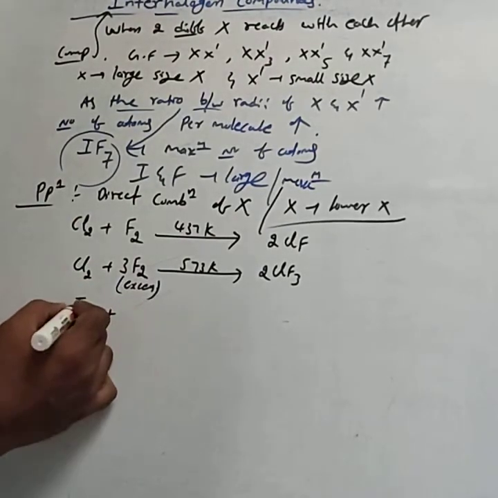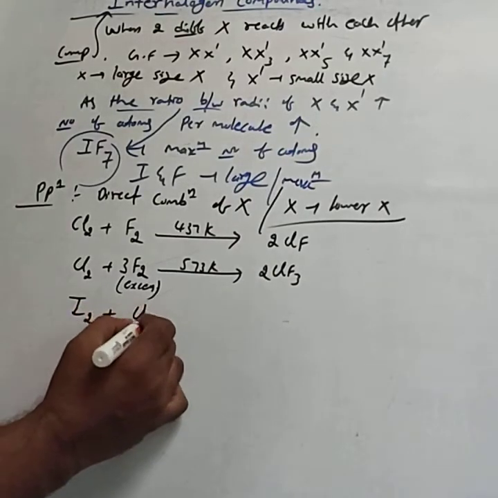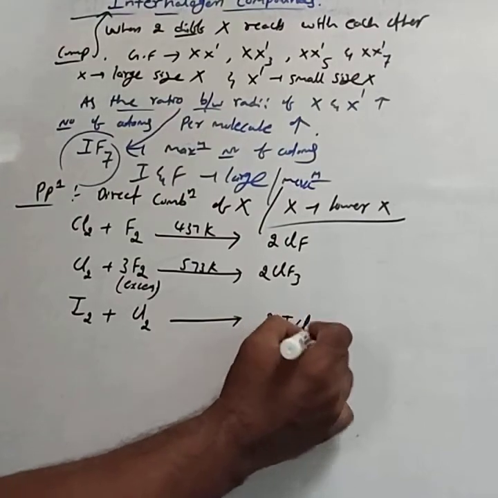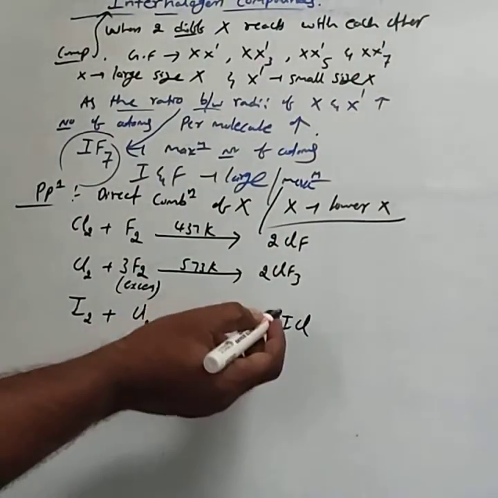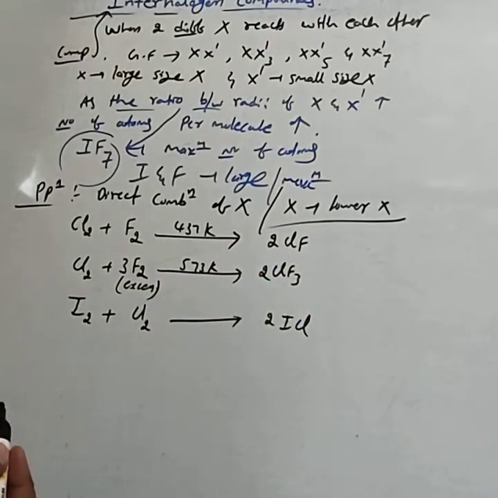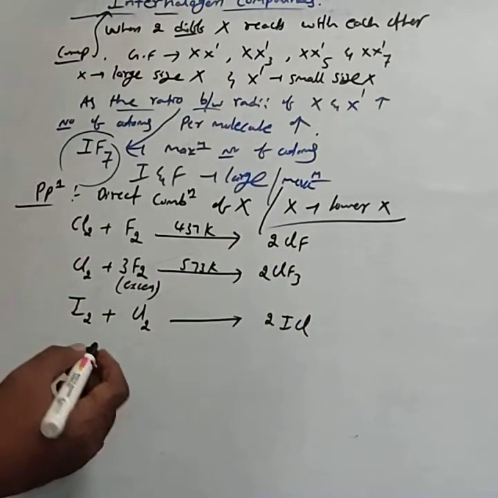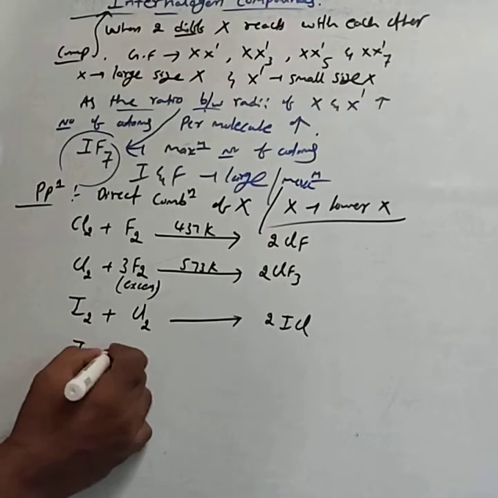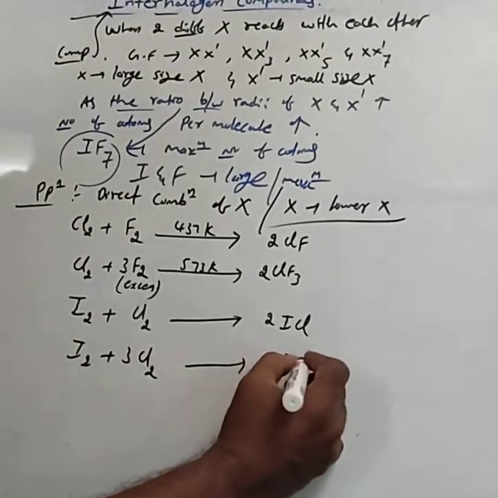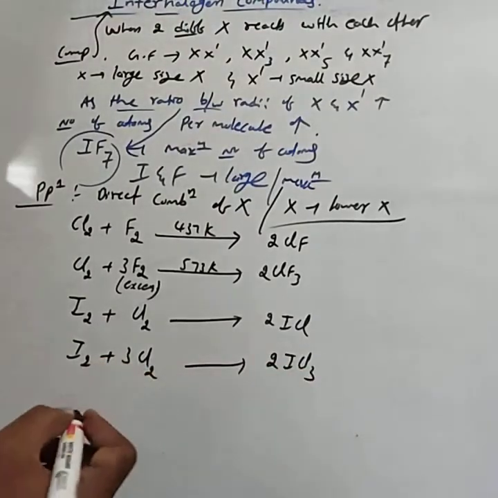I2 is the larger halogen. If it combines with a smaller halogen, I2 plus Cl2, then you get 2ICl. Always write the larger halogen first, then the smaller halogen. Then I2 plus 3Cl2 gives 2ICl3.